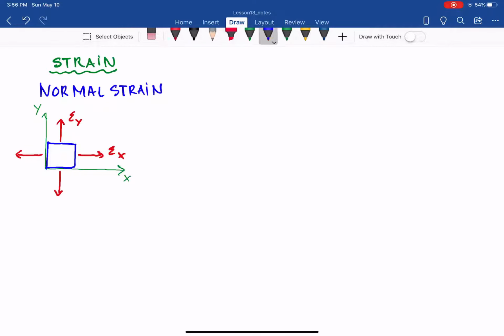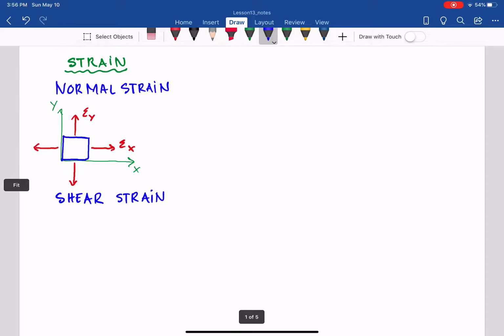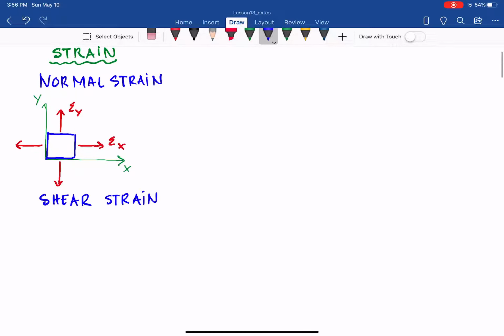And then we also have shear strain. Shear strain measures the angular distortion of structural members.